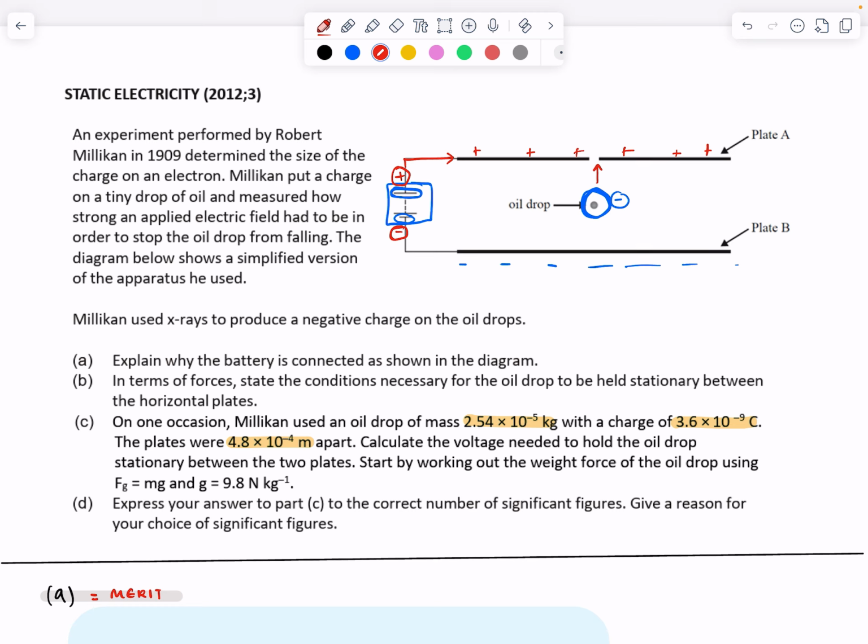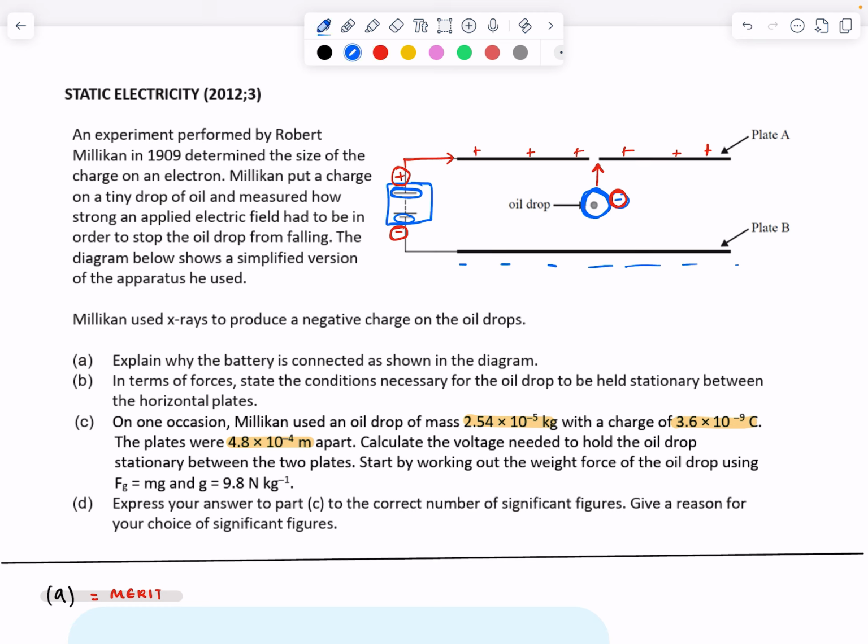What is this force called? It's the electrostatic force, because opposites attract, and that is essentially the basis of an electrostatic force. It's when opposite charges attract. So that's why the negatively charged oil drop has an upwards electrostatic force to the positive plate.